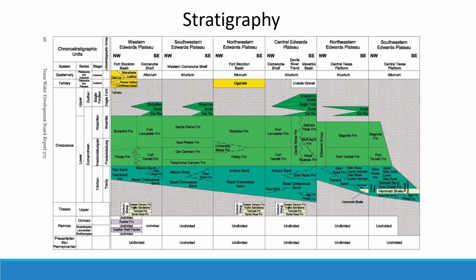Here again, the stratigraphy is full of names. So the two areas that we're interested in are the Western Edwards Plateau and Southwestern Edwards Plateau. And you see there's a time period, it's all Cretaceous. You have upper and lower, and then all these other different stages.